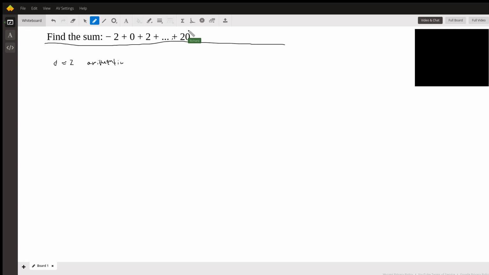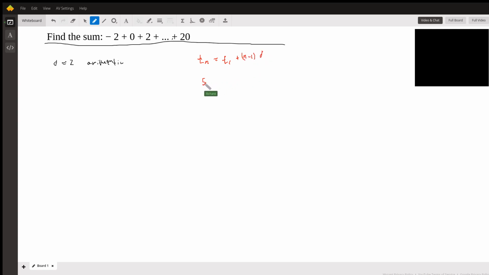Now we just need the formulas for the arithmetic, and these are pretty simple formulas. The nth term, which we'll call t sub n, is equal to the first term, t sub 1, plus n minus 1 times d.